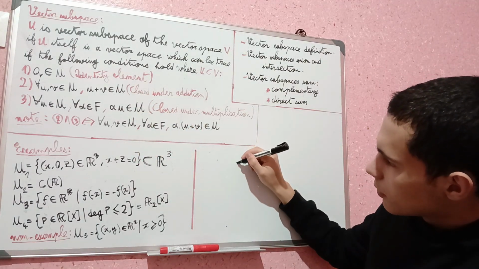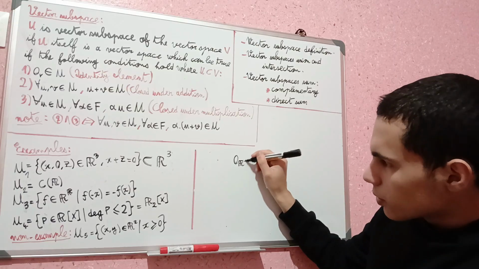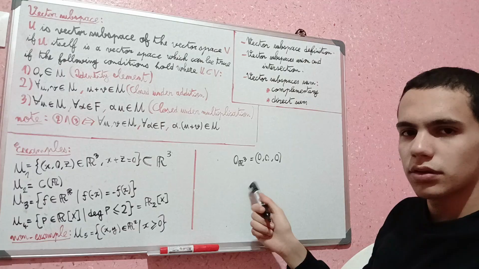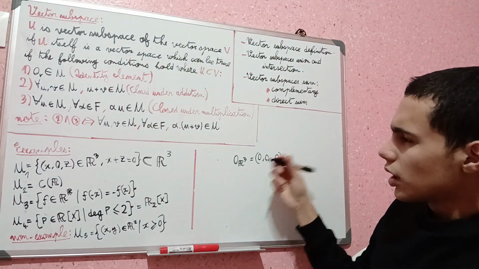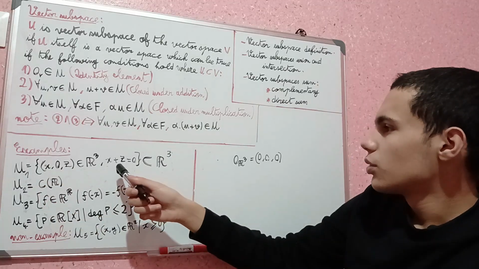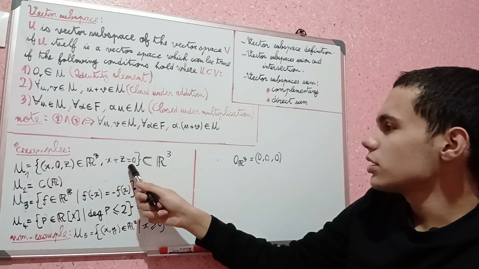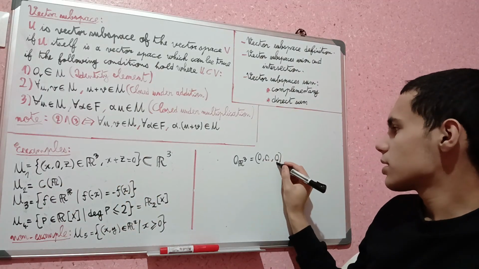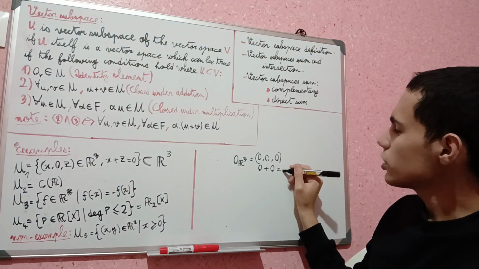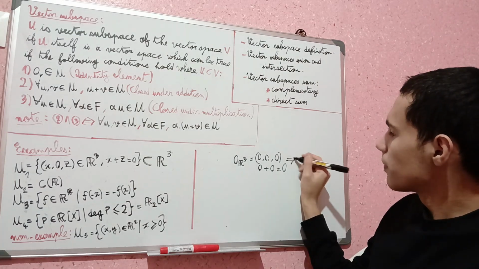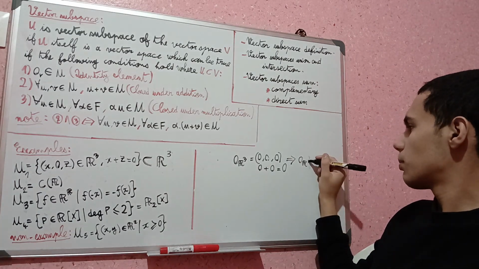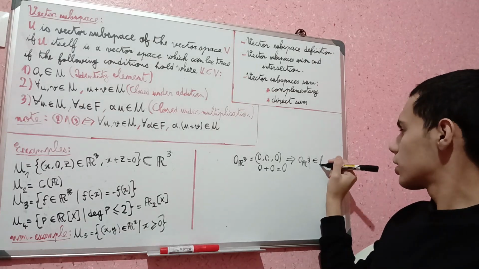We know that the zero of R cubed is the vector 0, 0, 0. For this to belong to the set, we need x plus z to equal 0. This is x, this is z, so 0 plus 0 equals 0, which is true. So the zero of R cubed belongs to u1.